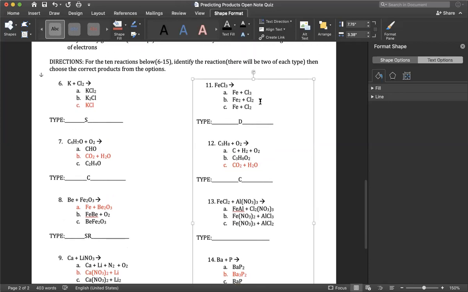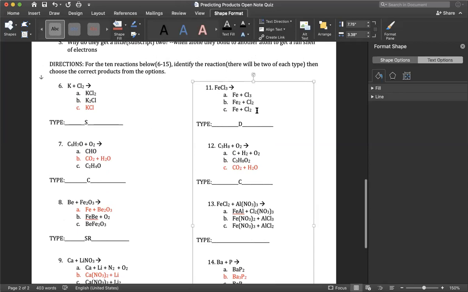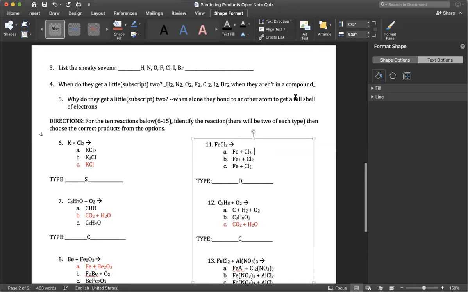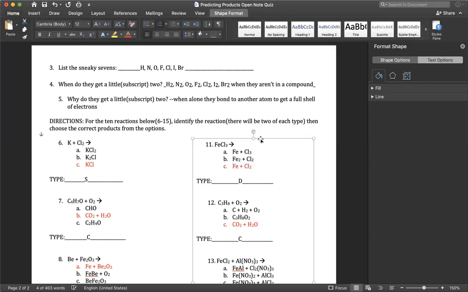All of them show a correct split of the elements, but now I have to decide subscripts. Every element should be bare, no 2, unless it's a sneaky 7. So are any of these sneaky 7s? Cl2, chloride, right. I can throw out this one because Fe is not. I'm going to throw out this one because it should never get a 3 when it's by itself. So my answer is C.